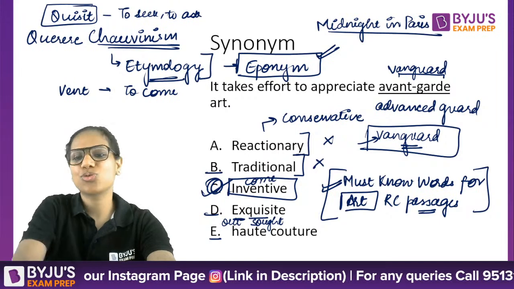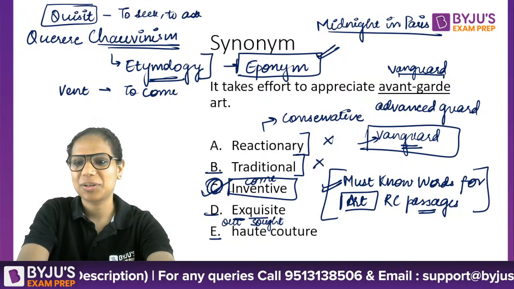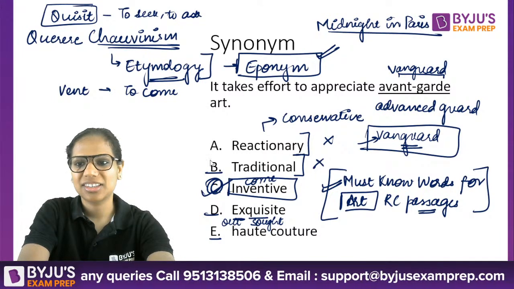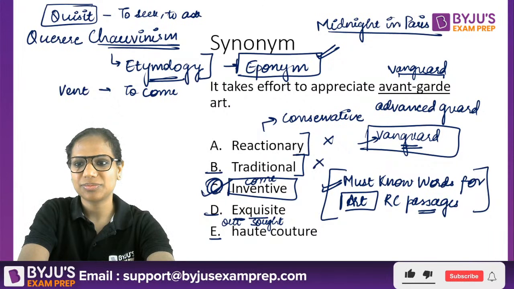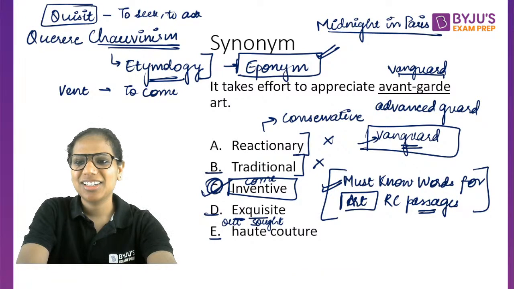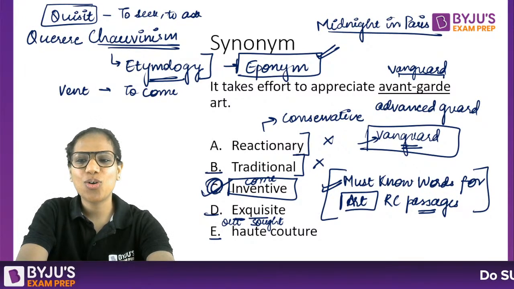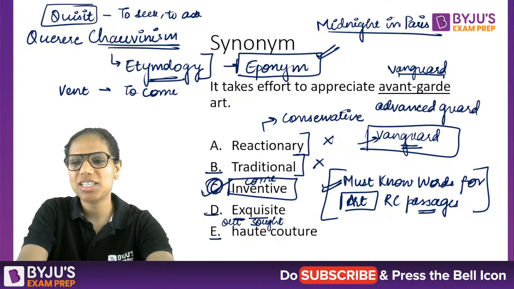And what is haute couture? Yes, haute couture. Tell me. Haute couture, it's a French word. Come on, no fans of fashion here. What am I talking about when I say haute couture?